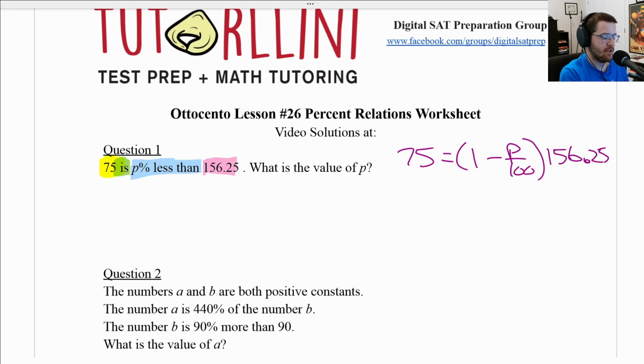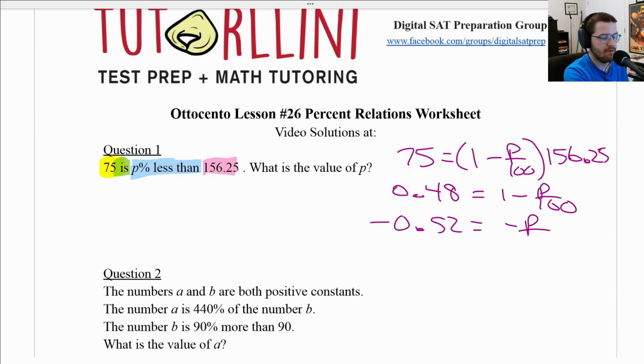To solve this equation, I'm going to divide both sides by 156.25. I'm getting 0.48 equals 1 minus p over 100. Now I'm going to take away 1 from both sides, and I get negative 0.52 equals negative p over 100. Now I will multiply both sides by negative 100, and I get p equals 52.